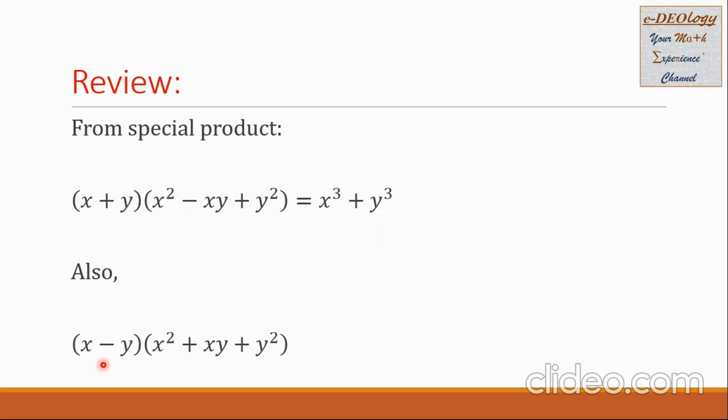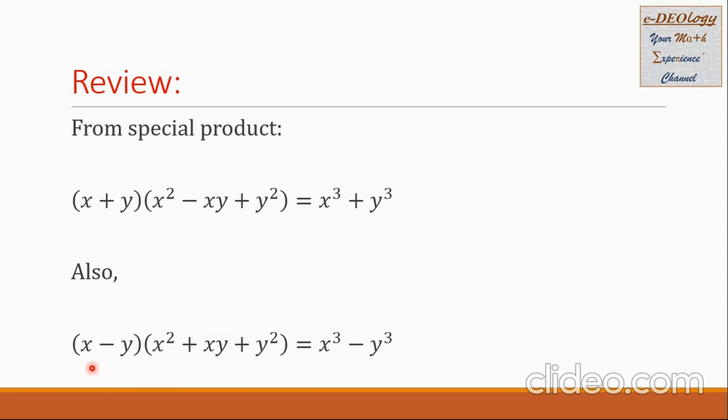Also, when we have x minus y times x squared plus xy plus y squared, the answer is x cubed minus y cubed. And this is the difference of two perfect cubes. The pattern is the same.